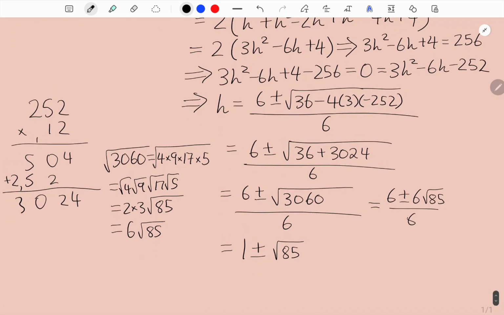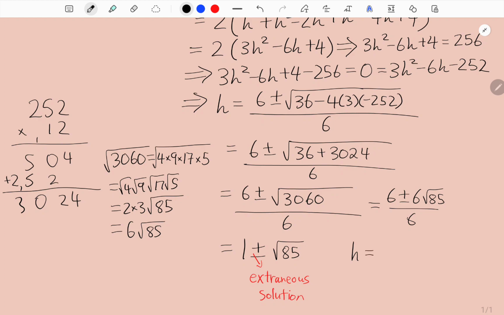Now the square root of 85 is going to be greater than 9, which is the square root of 81. So we definitely don't want the negative solution because h is height, which is positive. So this is an extraneous solution. We just take the positive solution.